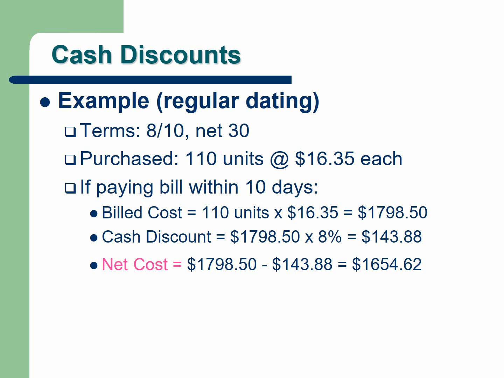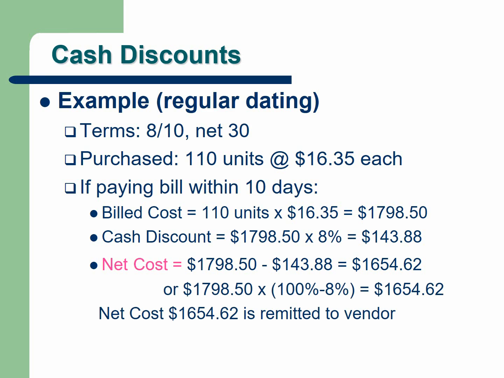So the net cost that the buyer has to pay after the cash discount will be the bill cost minus the cash discount. So that will be $1,798.5 minus $143.88 equals $1,654.62. Okay, so this is when the bill is paid within 10 days.